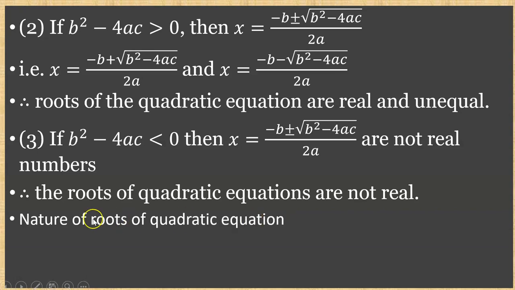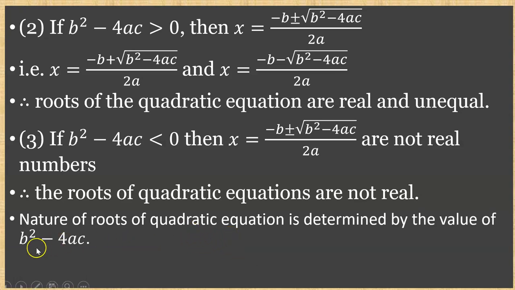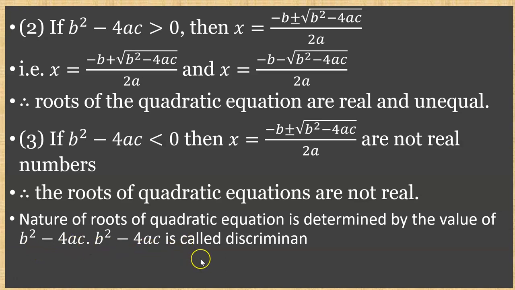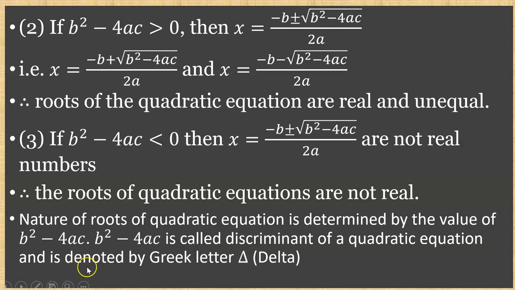And therefore, the nature of roots of quadratic equation is determined by the value of b square minus 4ac. यावर depend असणार आहे. Nature of the roots of quadratic equation हे कशावर डिपेंड असतं तर b square minus 4ac. आणि b square minus 4ac ला काय म्हटलं जातं तर discriminant. b square minus 4ac is called the discriminant of quadratic equation, and it is denoted by Greek letter delta.